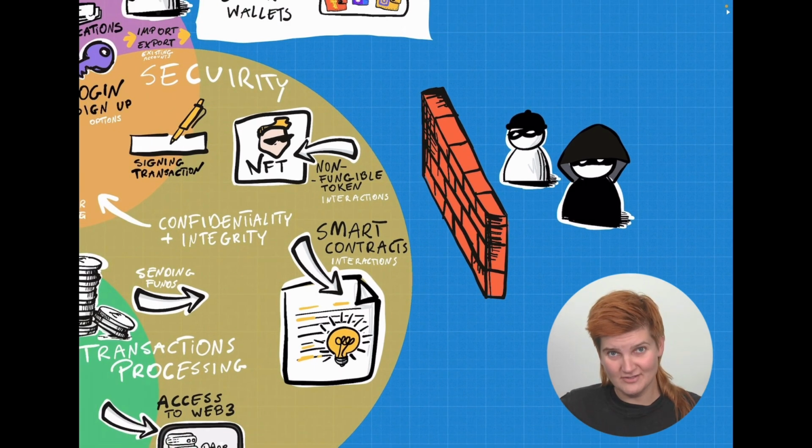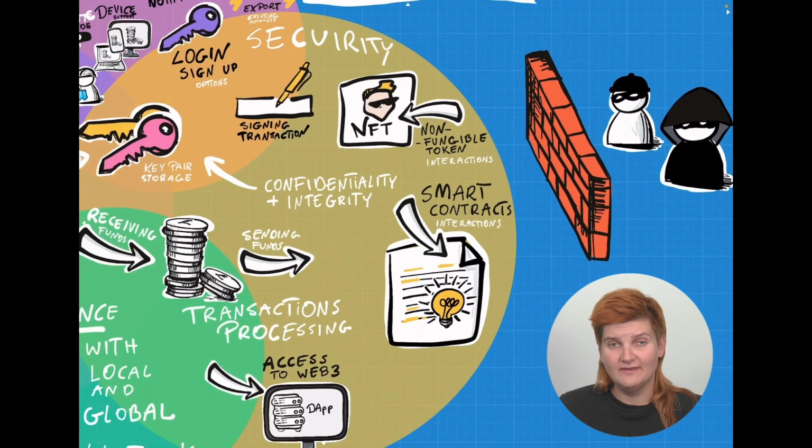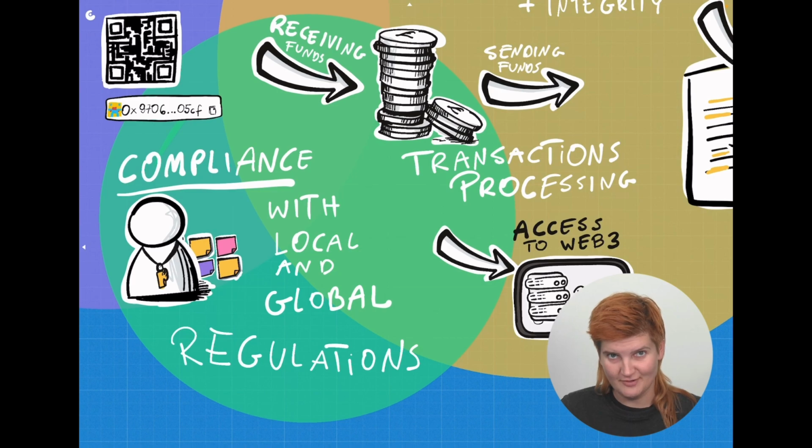As a cherry on the top, we need to implement robust security measures to shield against any potential attackers and malicious activities. One last thing we need to be aware of when it comes to creating a great and safe user experience is the financial regulations globally and locally.